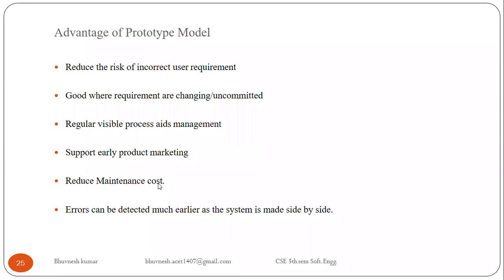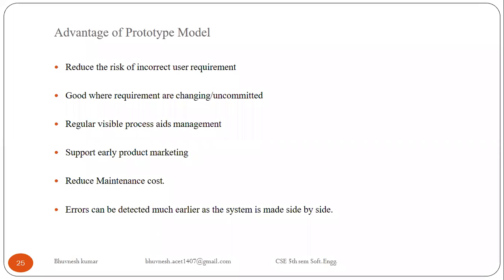It reduces maintenance costs. In the waterfall model, the maintenance cost and effort is maximum; in the prototype model, that is reduced. Errors can be detected much earlier as the system is made side by side, because here we are using the prototype as well as the iterative model.